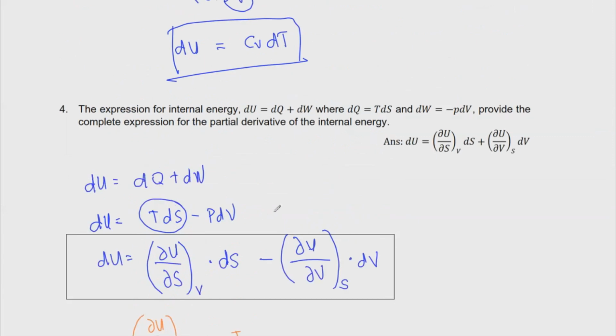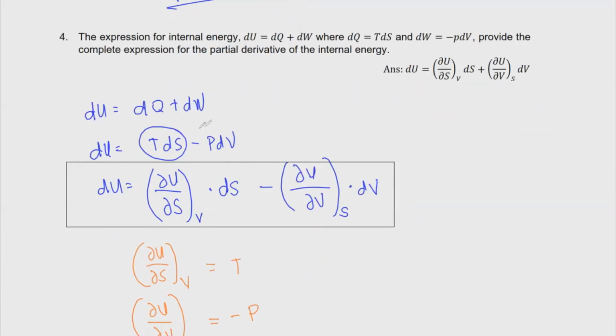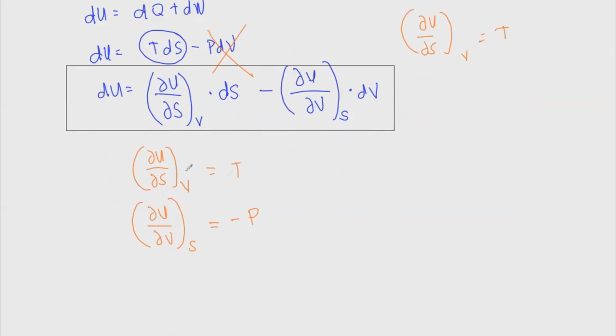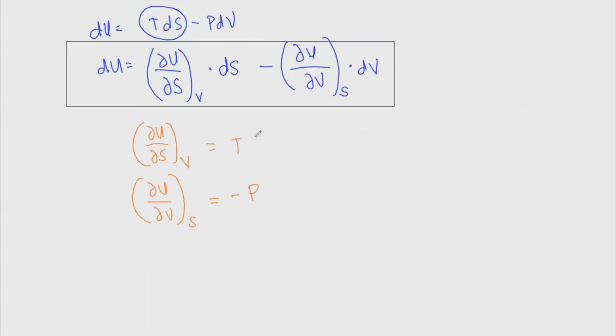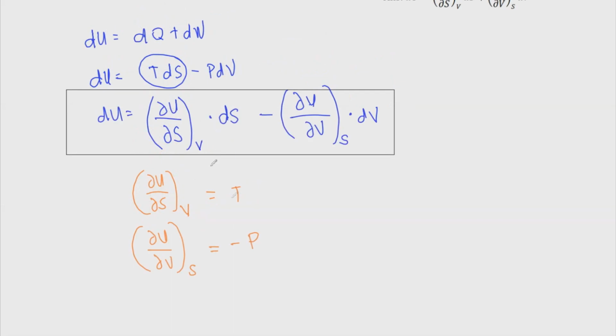Because that makes sense when we try to remove this, and then I show you how this works if it's partial U and then partial S with constant volume. That will be T in this case. So that's the same thing as what you can deduce from this expression, but it's not asked in the problem, but I want to show you that this is the equivalent.